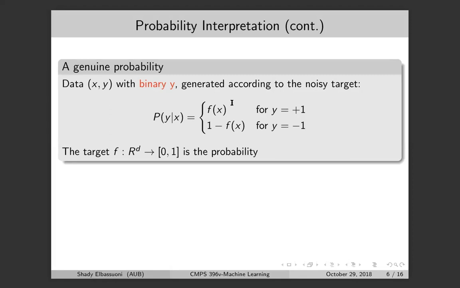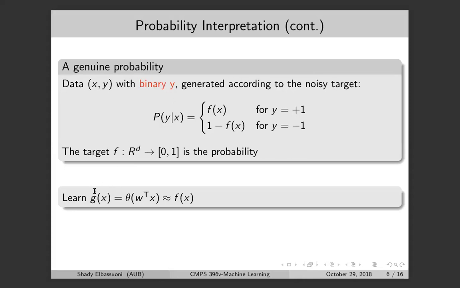So the random variable has two values, +1 and -1. This f of x, the unknown target function, takes the d features, the feature space R to the power of d, and maps it to the interval 0 to 1, so basically a probability between 0 and 1.